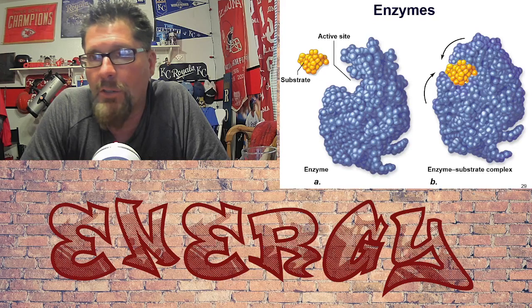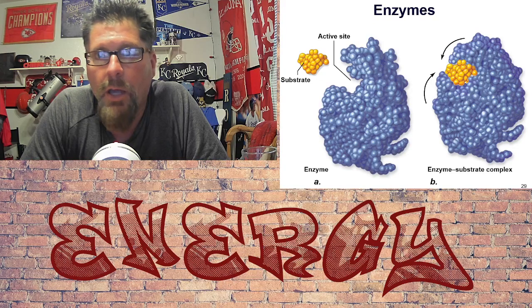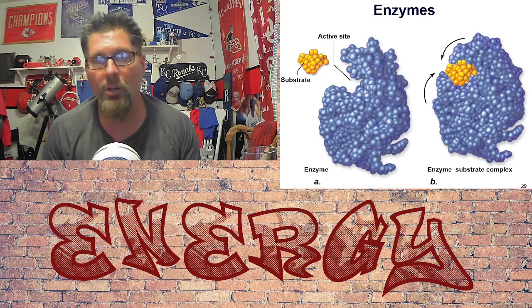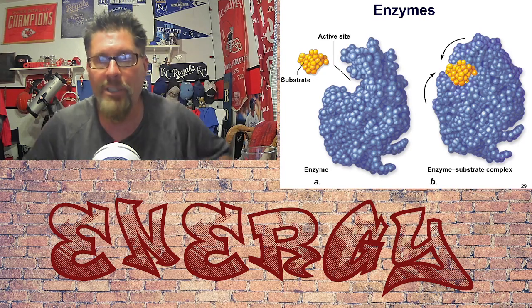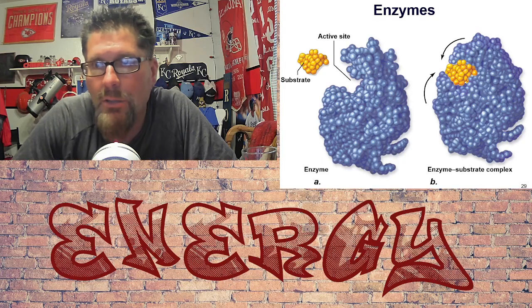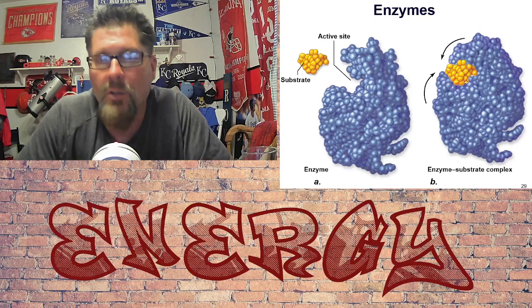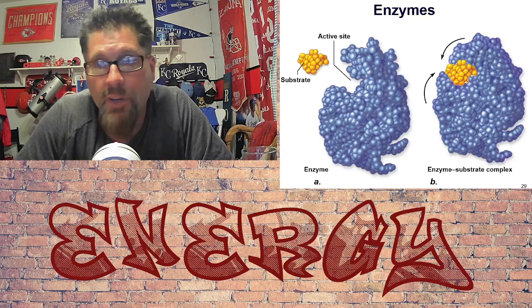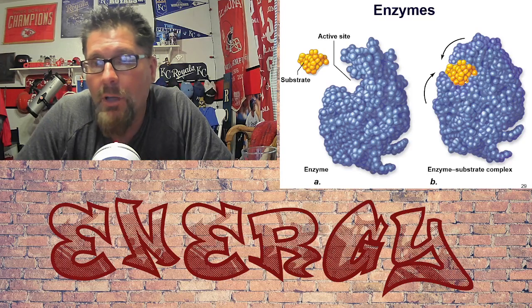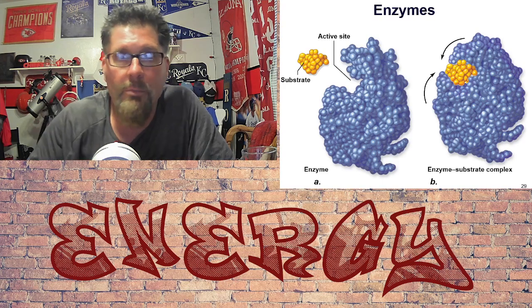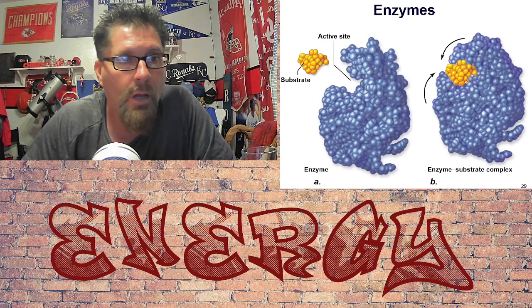The enzyme obviously is the large blue thing, and the substrate is a molecule that's about to be worked on, and so it sets into the active site, and you can see it kind of closing around it. So that's the pressure, that's the induced fit that we just talked about, and whatever the enzyme is going to do to the molecule, it is now doing.